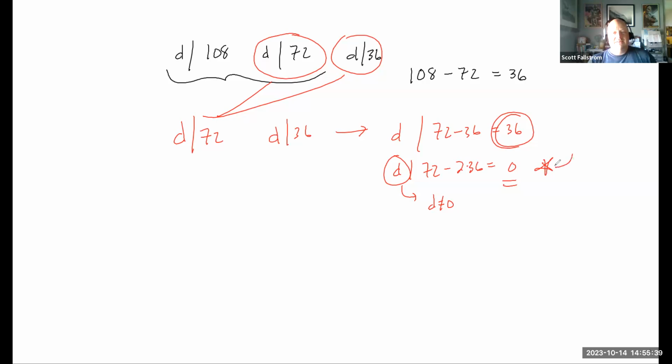And your last number has to be the greatest possible divisor in common. We already saw that the GCD would be 36. Here we can see it is 36, and we can get there fairly quickly. Okay. So that is the first little piece we have with the Euclidean algorithm.